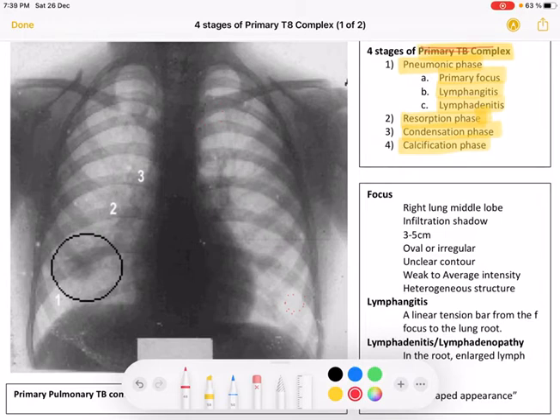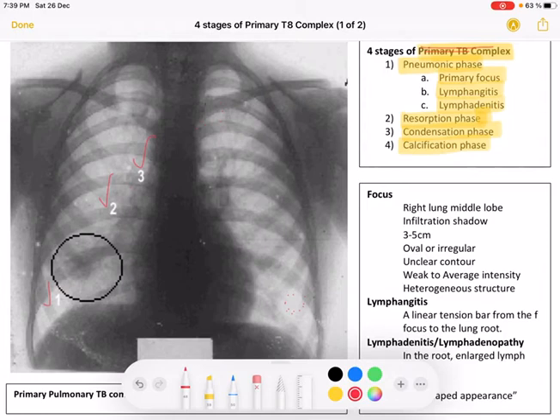What are the changes? We can see change in component number 1, component number 2, and component number 3. The changes are that due to the body immunity, due to our body defense mechanism, the foci or the components 1 to 3 start to resolve and decrease in size.